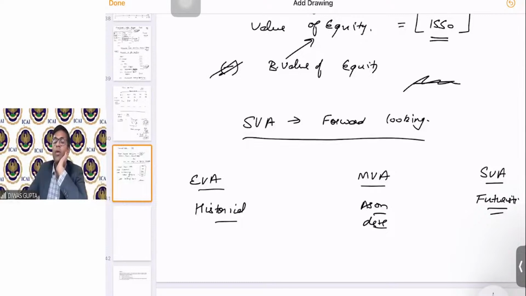So it is a forward looking calculation, students. Okay. I hope these concepts are clear, students. EVA, MVA, and SVA are the three concepts that we have to discuss. These are relevant from the evaluation perspective, or let's say analyzing the overall value of the business that we are trying to do.